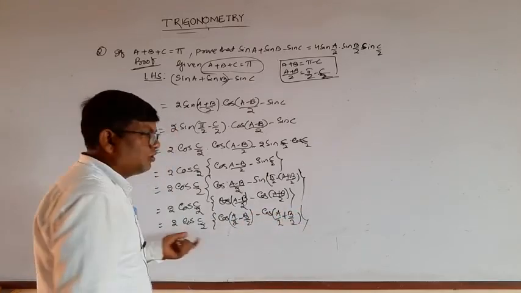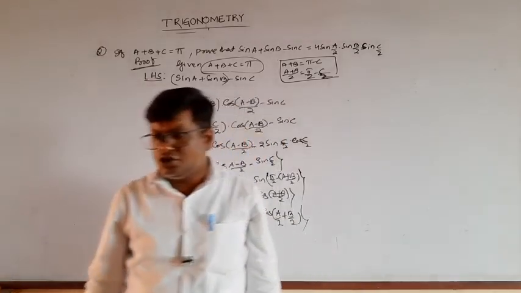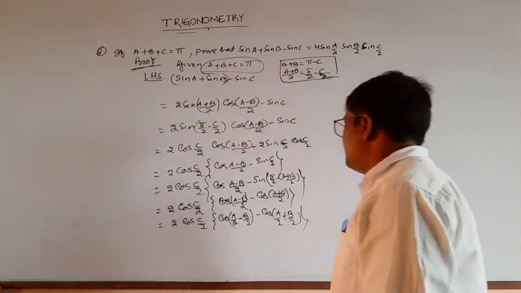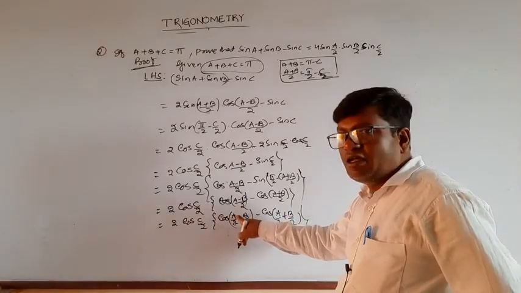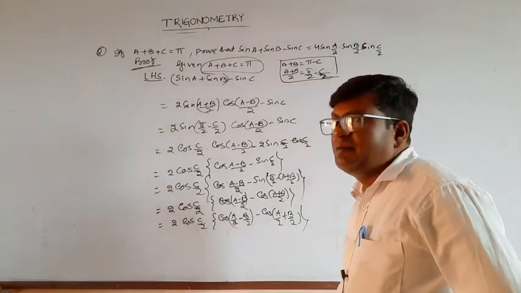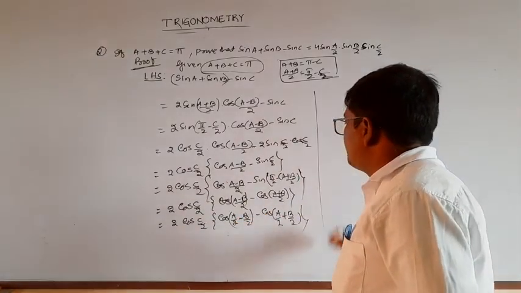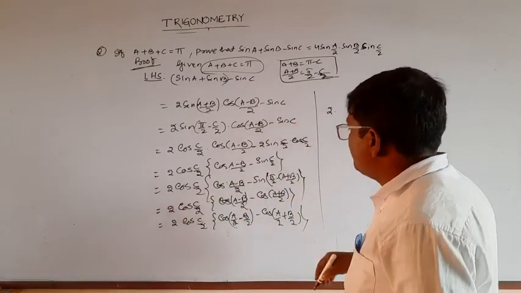This is the formula for cos(A minus B) minus cos(A plus B), so this is 2 sin A into sin B, where A means A by 2 and B means B by 2.